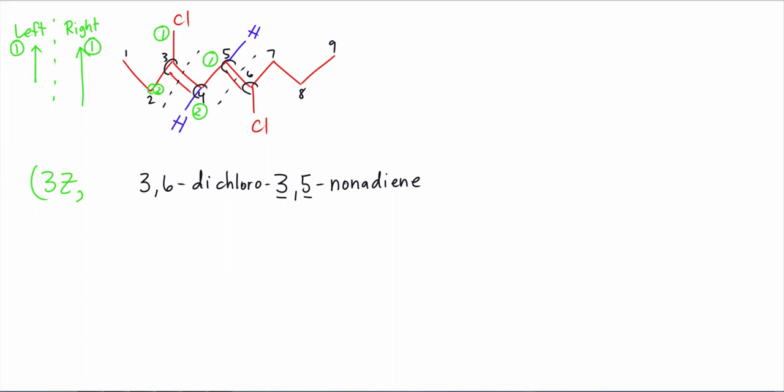Now on carbon 6, I have a Cl projected down. That's going to take priority 1 versus a C. That's going to be priority 2. This is a C with 2 H's. So the Cl beats out the C that's going up in that direction. Okay. So let me erase that.